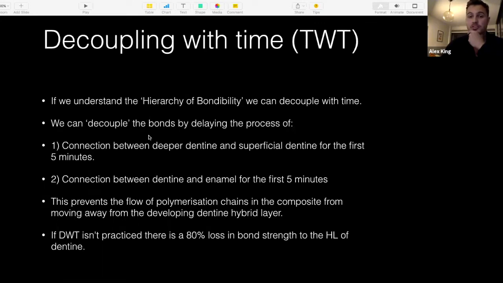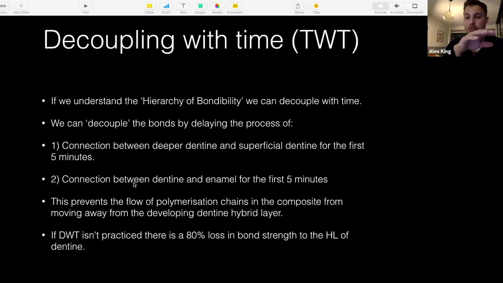So what we can do to reduce the stress and allow the bond formation to dentine to occur in the hybrid layer is avoid connecting deep dentine to superficial dentine. If you have a really deep lesion, you want to be increasing enamel in very small increments on top of your biobase for the first 5 minutes. And then again, within that first 5 minutes, if it's not too deep, we don't want to be connecting any enamel and dentine together. Biobase, 5 minute wait till that's all matured.